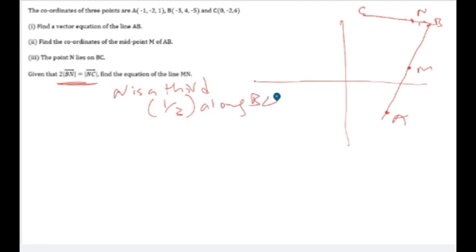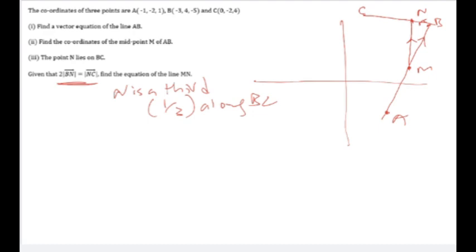This is all that the statement means. So here, that's our vector line MN. To get to N, you can come from M directly, or you go via B, and then you go 1/3 of the way along BC, and then you get to point N, right?